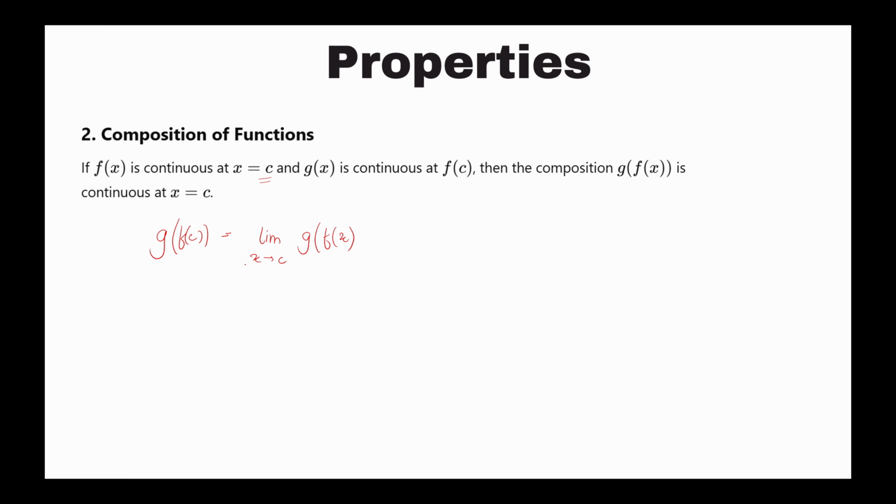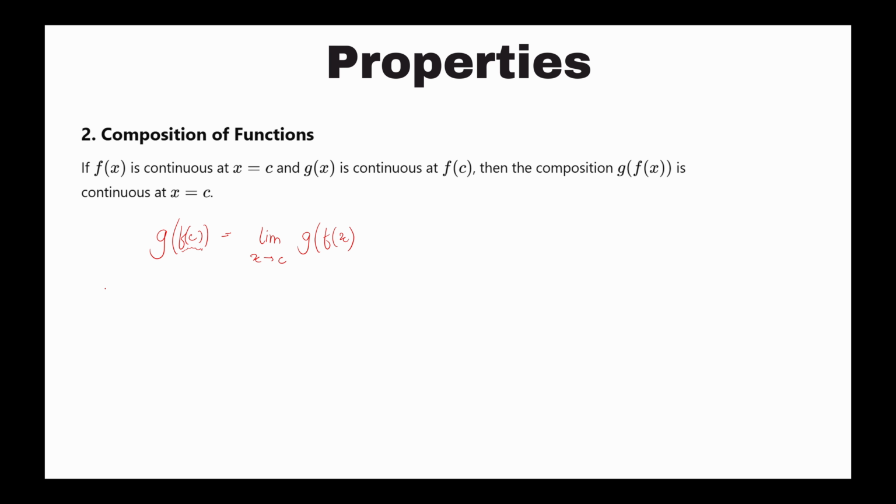So basically here I am having f of c, right? The value f of c is inside my function g of x. That is why I am saying that g of x is continuous at f of c. So again, another important property.